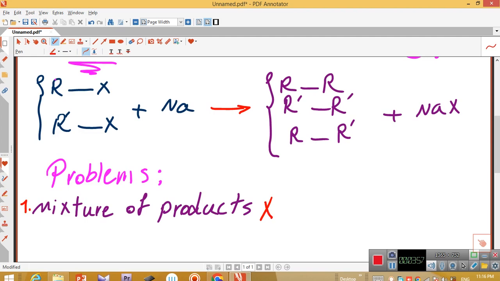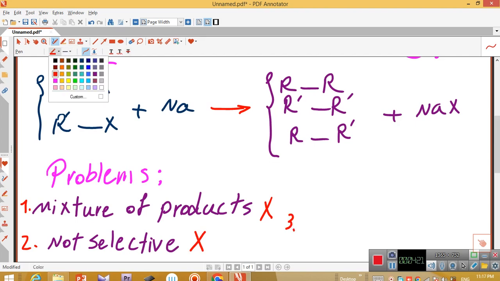It is not at all favorable in chemistry, in industry, and making money, my friends. Remember that. And the second problem is that it's not at all selective. When you have a mixture of products, your reaction is not at all selective, and it's one important issue of this reaction.